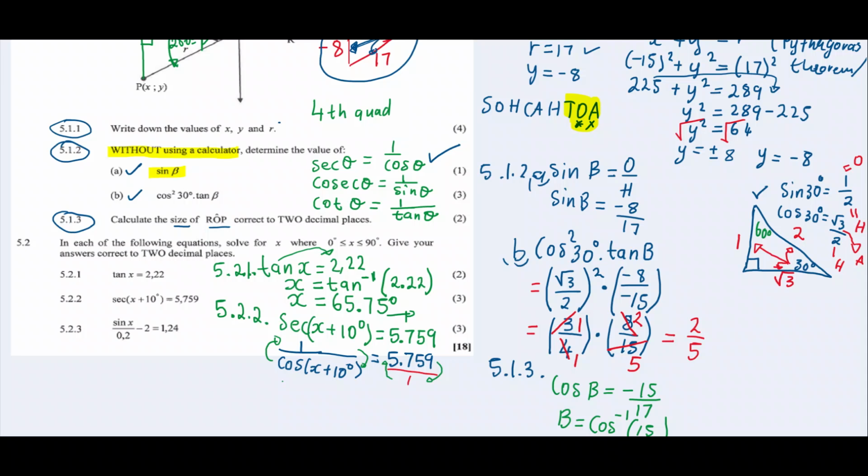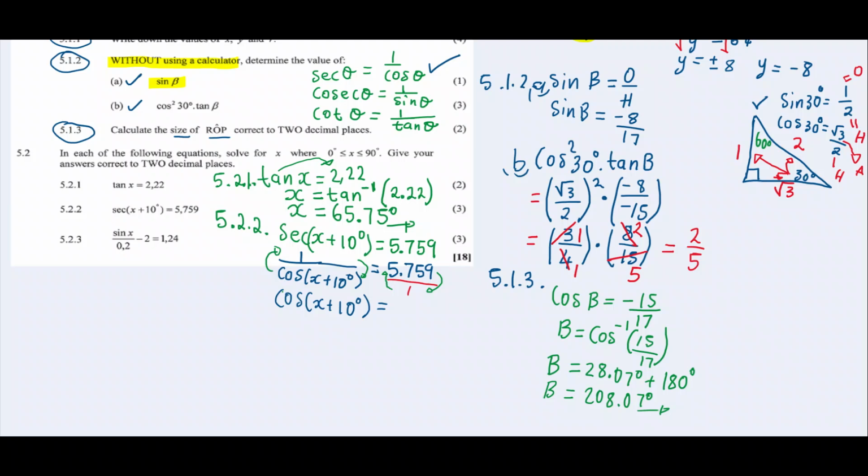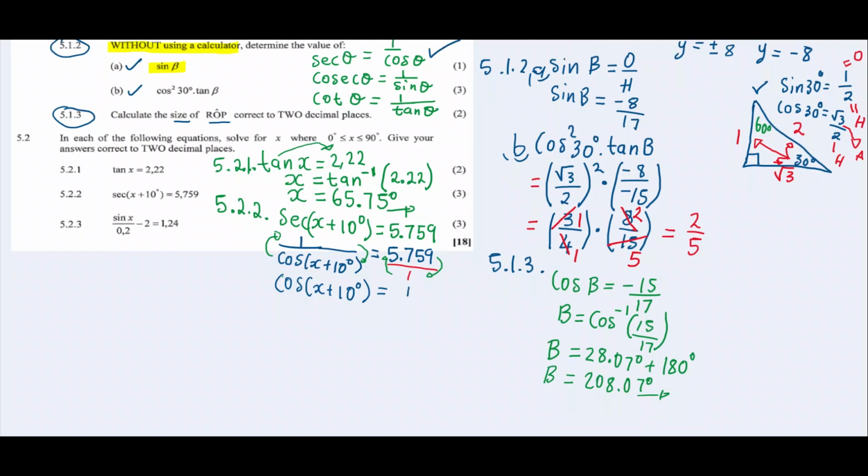If we apply the reciprocal here, we will get that cos of x plus 10 degrees will be equal to 1 over 5.759. And now we know that this is the cos of x plus 10 degrees.